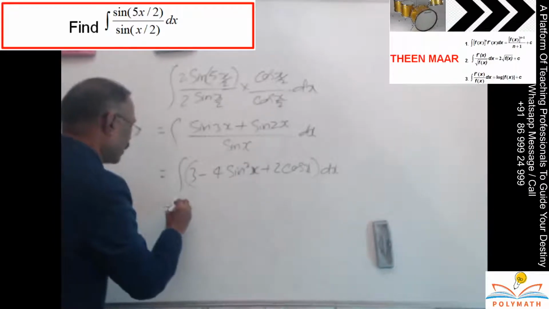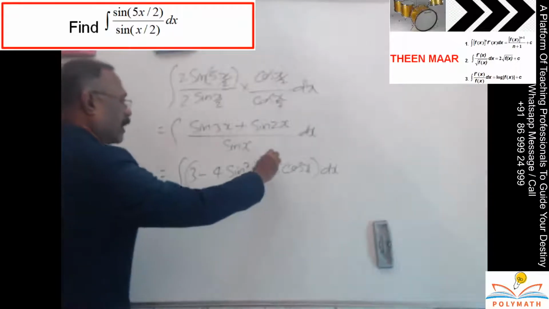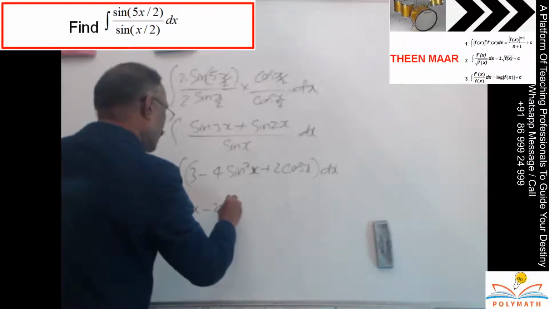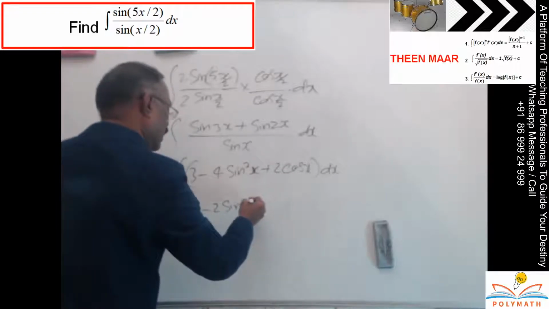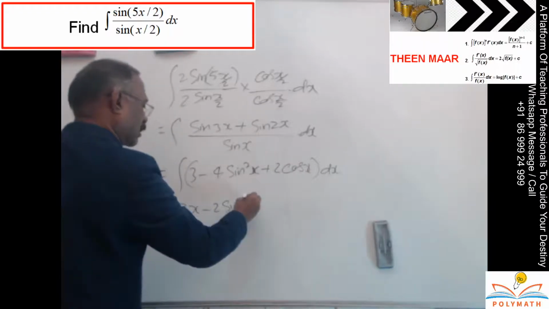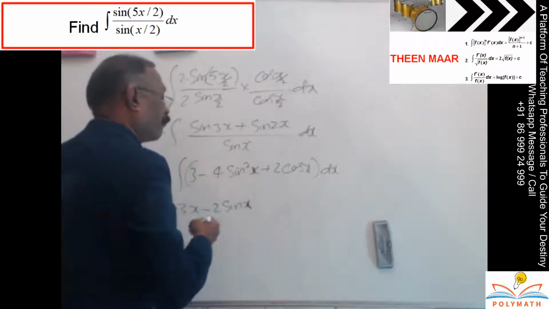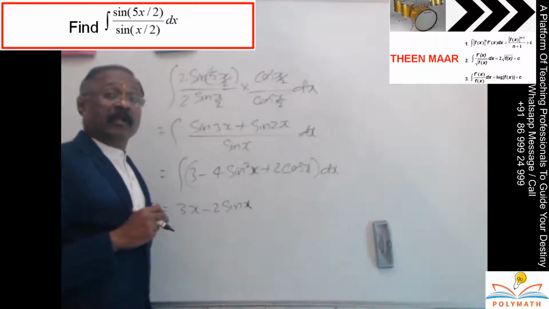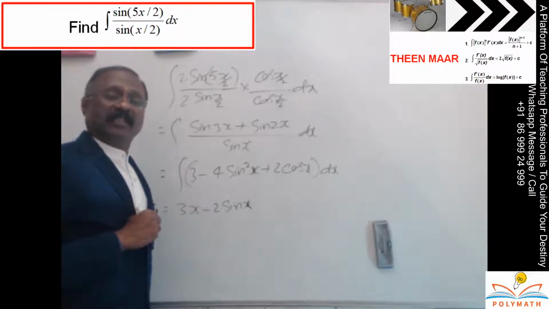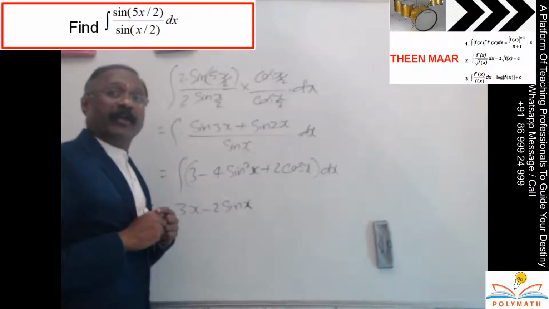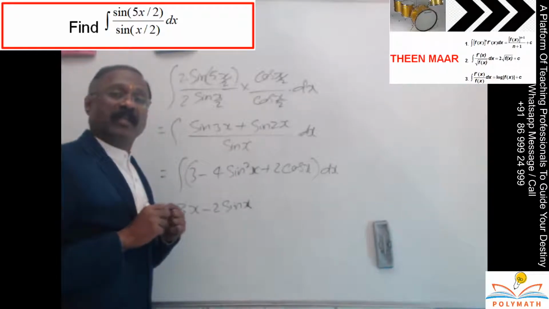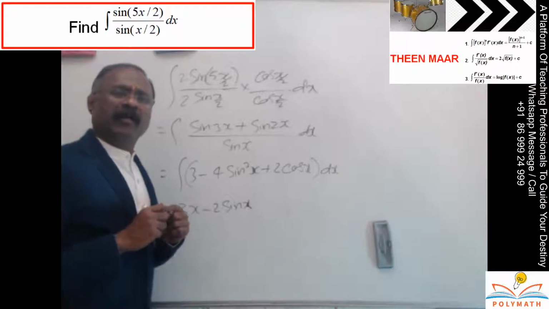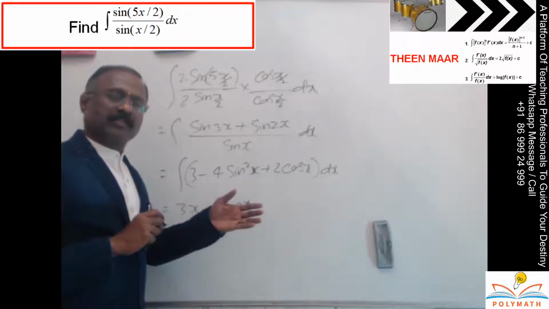So the integral of 3 dx is 3x, plus 2 cos x integrates to 2 sine x. I wrote this directly. And this one, the integral of 4 sine square x, is where the difficulty in integration lies. If I ask you the derivative of sine square x, everyone immediately says 2 sine x cos x.